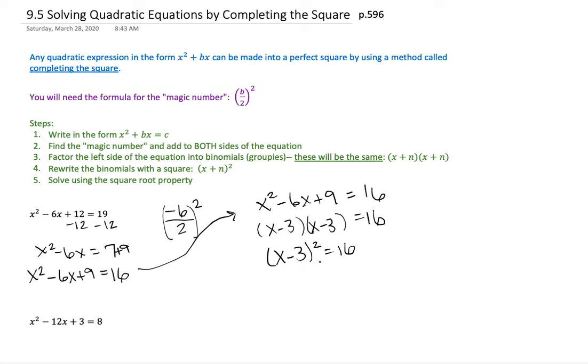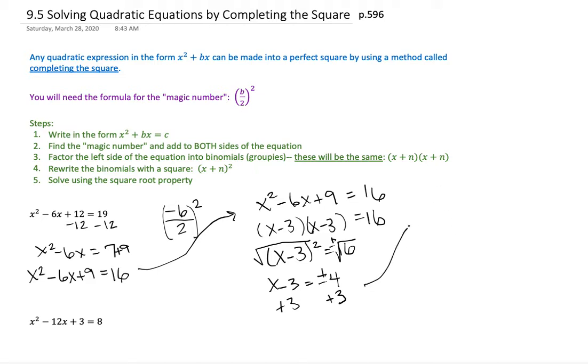And now you can use the square root property to solve. So you take the square root of both sides. So this is just x minus 3. And this is plus or minus the square root of 16, or plus or minus 4. Now remember, when you add 3 to both sides, you're actually adding 3 to a positive 4 and then adding 3 to a negative 4.